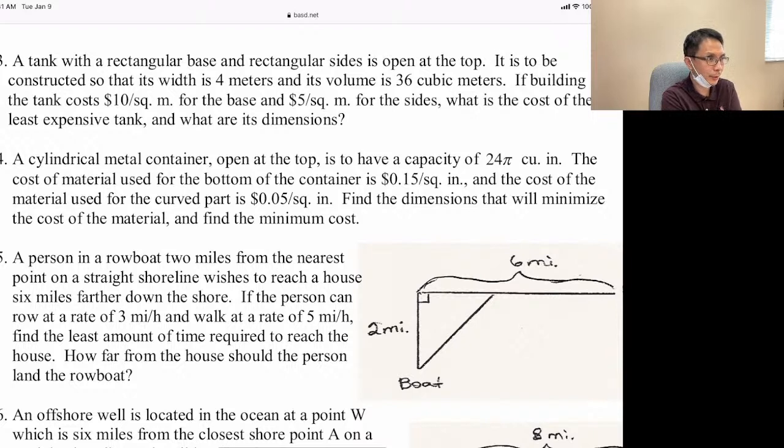It was 3x3x4. And I think total cost is $330. Yeah, that one is on the test. But you can do another training at 14. Is that 24 pi? Oh, cubic inches there.